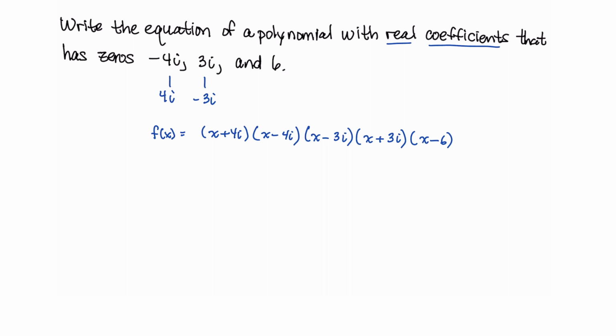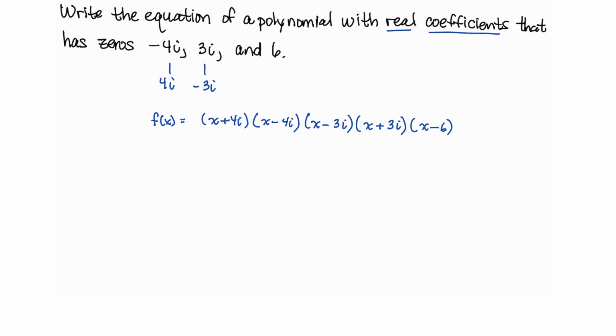So now, to make it look like a polynomial, what we're going to do is multiply these factors out. But we're going to do so kind of strategically here. If I look at the first two factors, that's the factorization of a difference of squares. So when we multiply that out, we get the first term squared minus 4i squared, which is 16i squared. That's x squared minus 16 times negative 1, which is x squared plus 16.